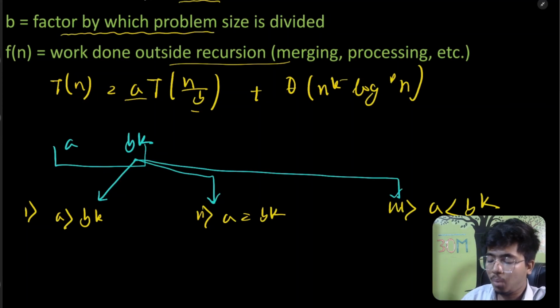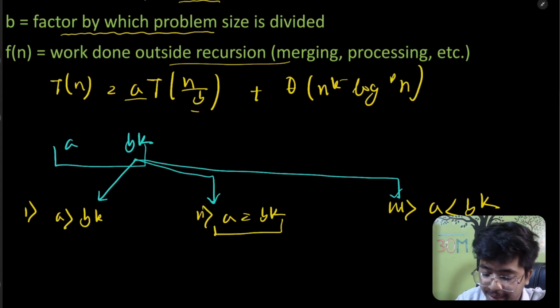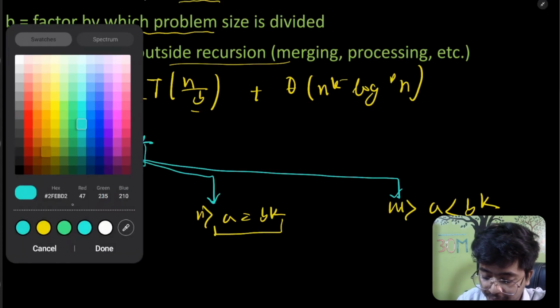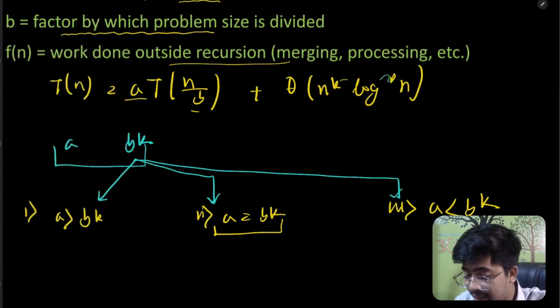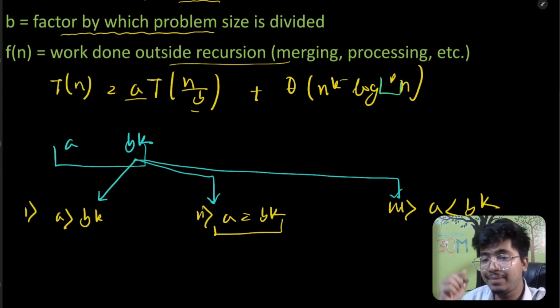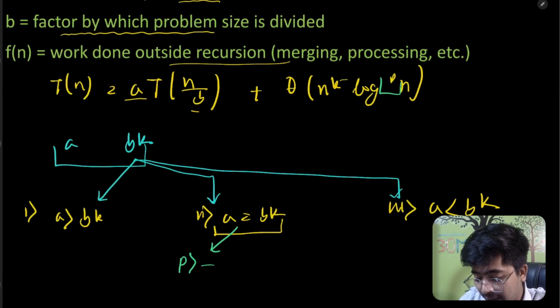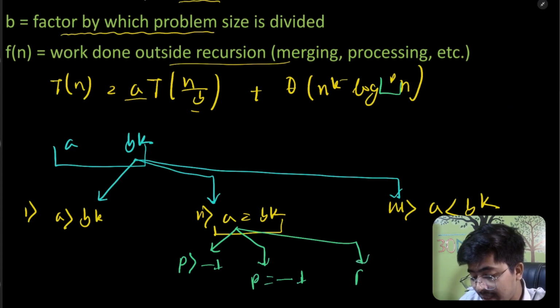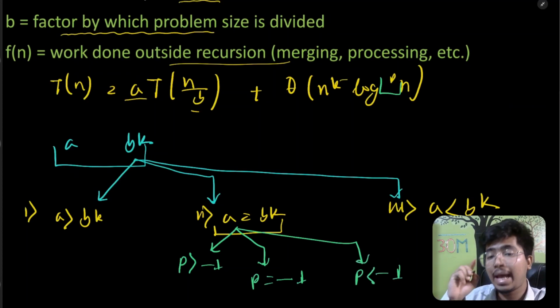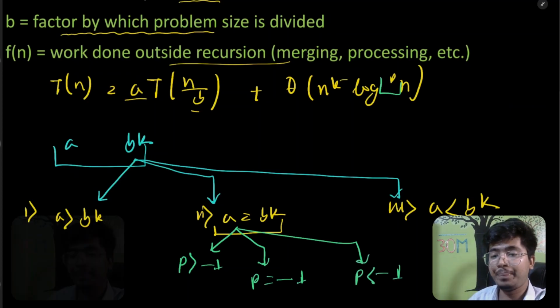Once we have that combination, here also we divide the formula based upon three more conditions, and the condition is the value of p. We will be comparing whether the value of p is greater than minus 1, or equal to minus 1, or less than minus 1.